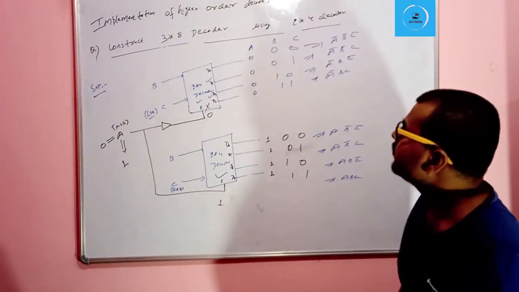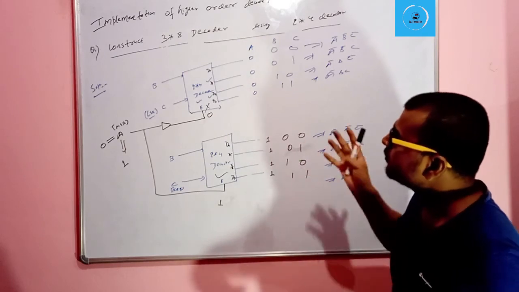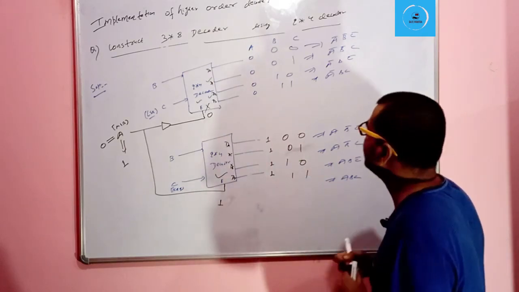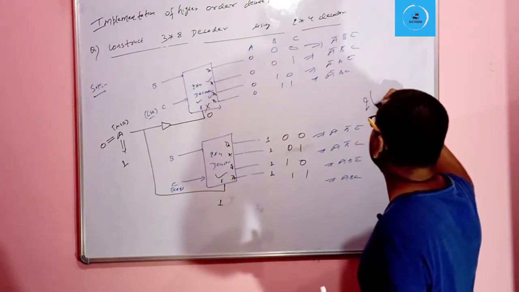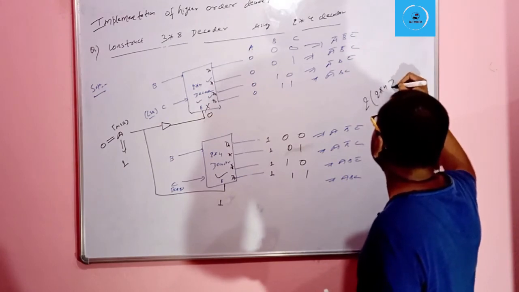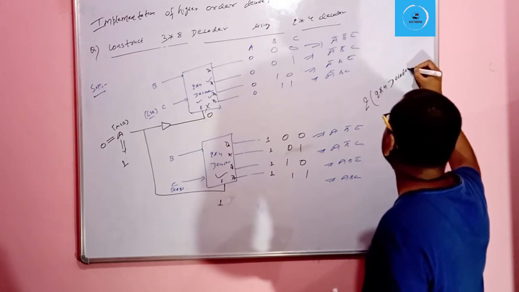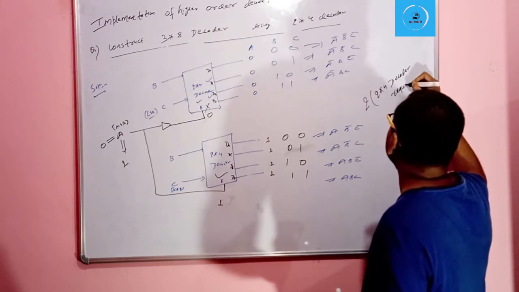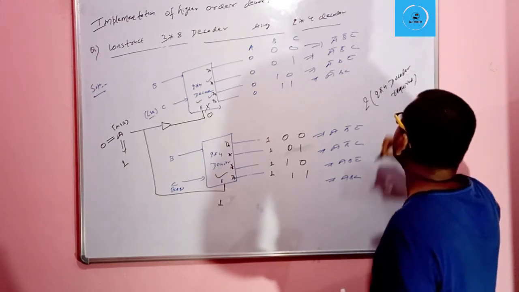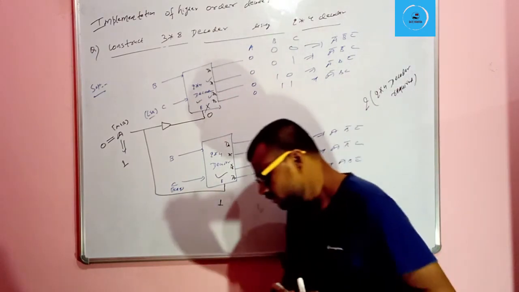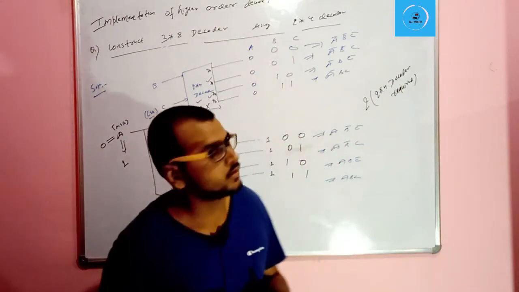How many 2 to 4 decoders are required to construct the 3 to 8 decoder? Total 2, 2 to 4 decoders are required.